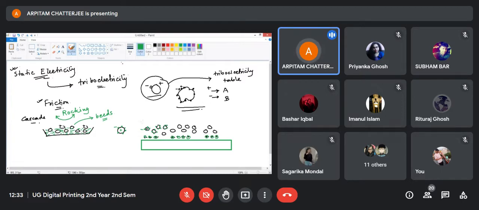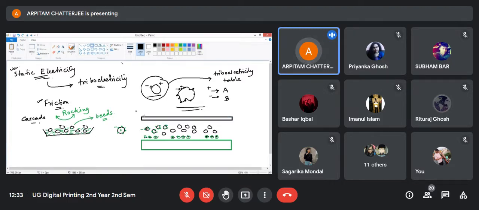So we have different ways to collect, and this is another use of the development electrode. You can introduce a collector bar over here which has negative charges. It should be on after this, not beforehand. Then the toners themselves will go and attach to this.